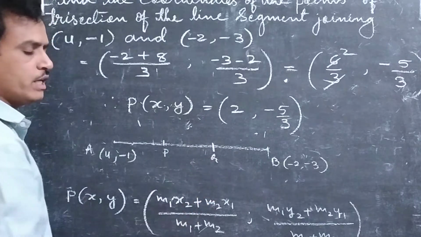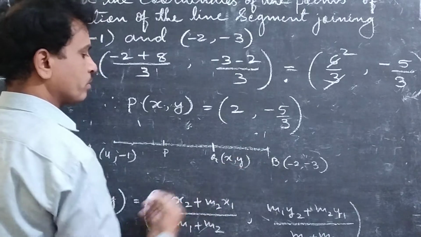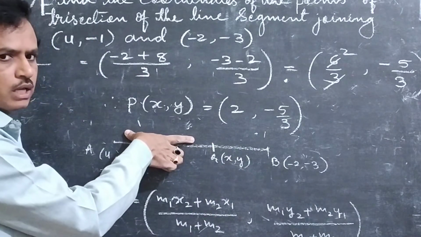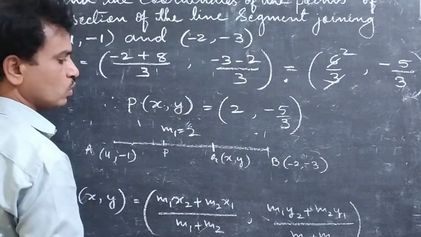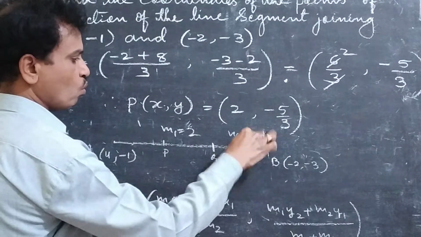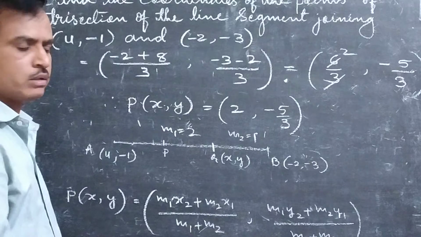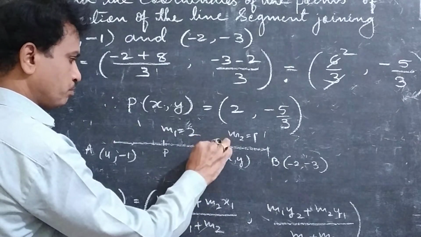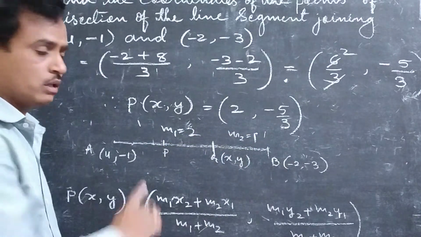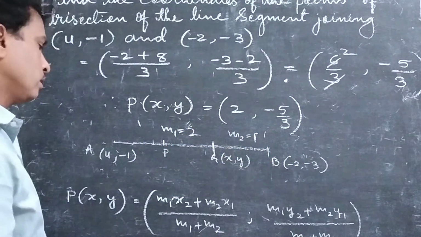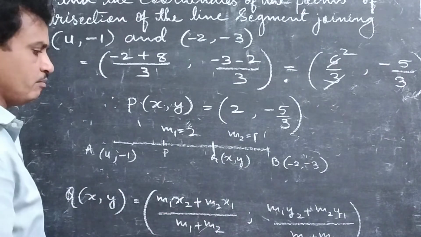Now we should find the coordinates of point Q, (x, y). On this side 2 parts are there, so m1 we take as 2 and m2 we take as 1. Here 2 parts, here only 1 part. So point Q divides the line segment in the ratio 2:1, and the formula is the same.